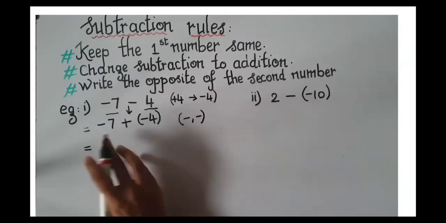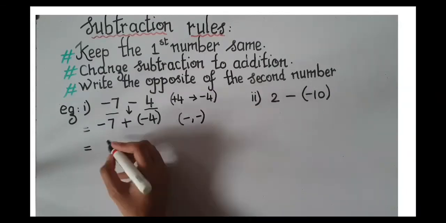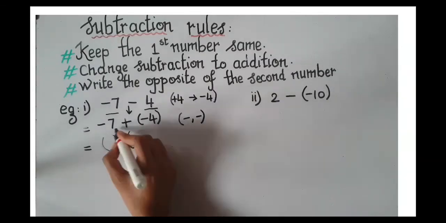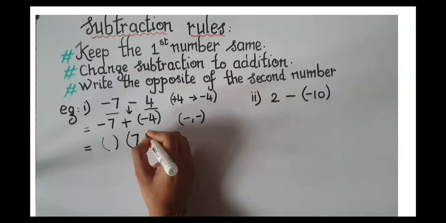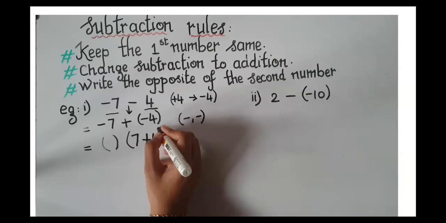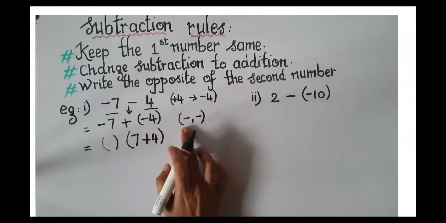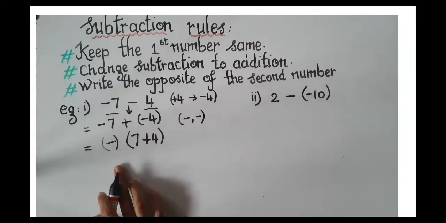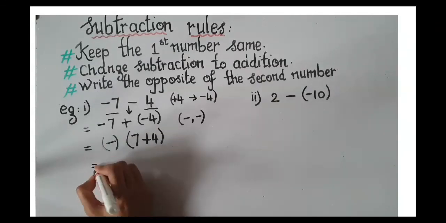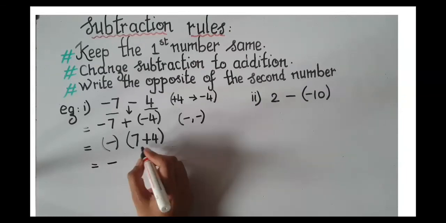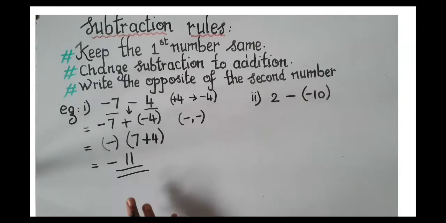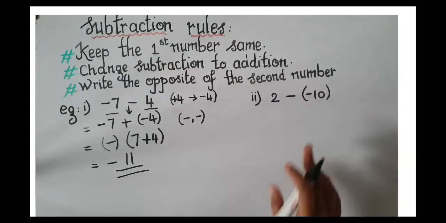I'll keep a bracket for the sign to be written later. And what do you do when you add both the similar signs? You add the numbers, 7 plus 4, and put the same sign. So your answer is what? -11. That is according to the addition rule.